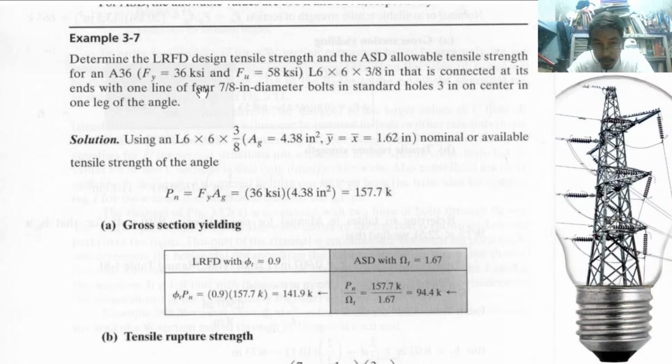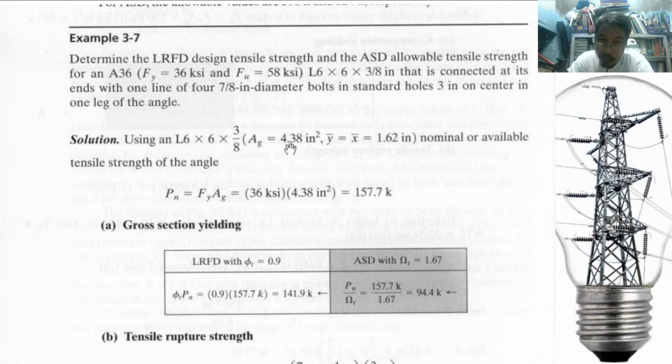Okay? So, with this given, we can take a look at the table again and look for these values. You can look it up because this is what? Symmetrical angle bars. We have equal values for Y bar and X bar. These are centroids which you can solve. Gross area is also on the table.